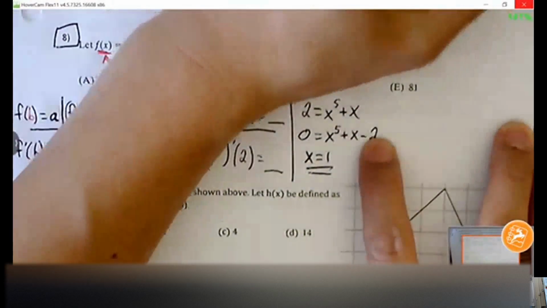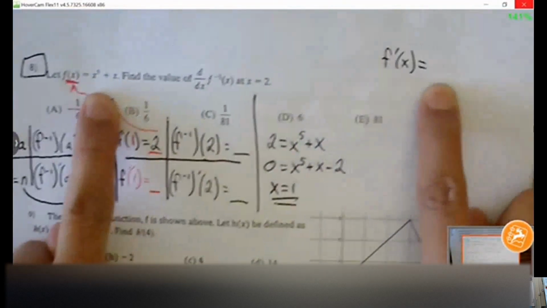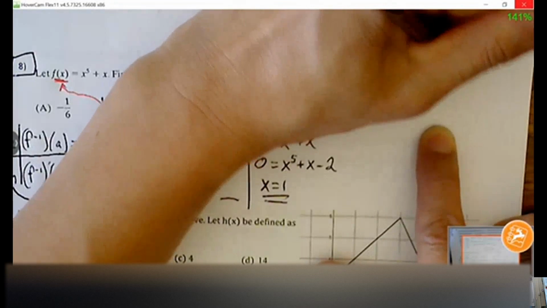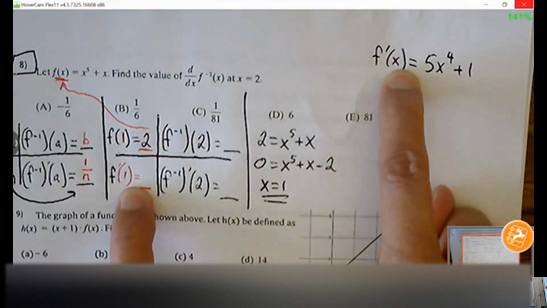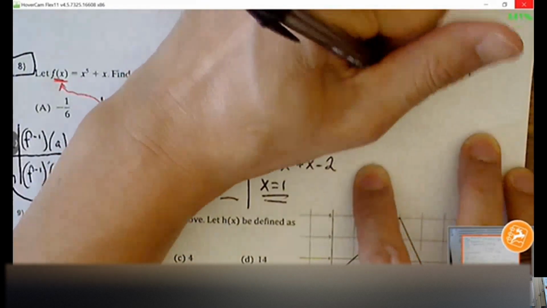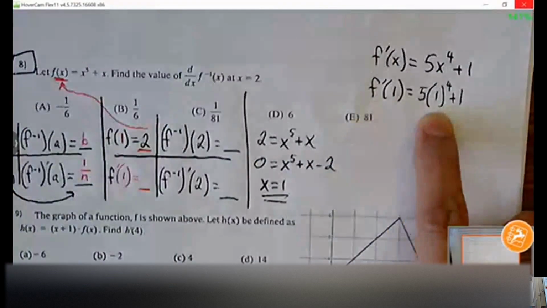So let's find f prime. We just go through the power rule. Now we have a value to insert for f prime. One to the fourth is 1. 1 times 5 is 5. 5 plus 1 is 6.